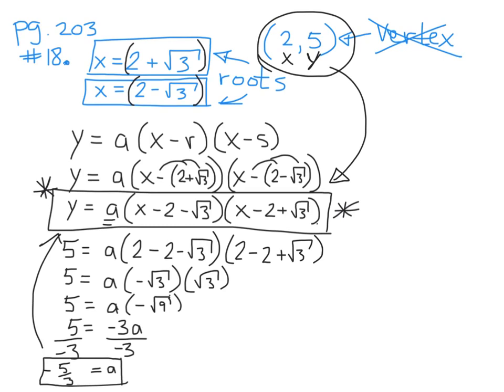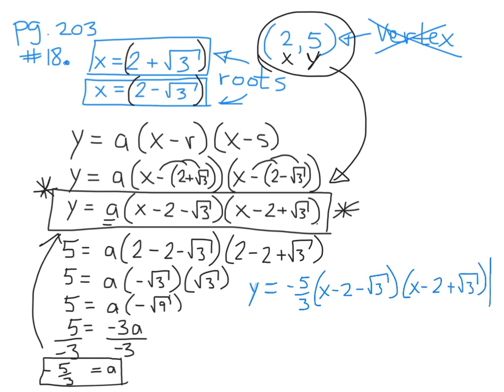That means the full equation would just be, sorry, let me get my blue pen here, y equals negative 5 over 3, and then I have x minus 2 minus root 3, and then x minus 2 plus root 3.